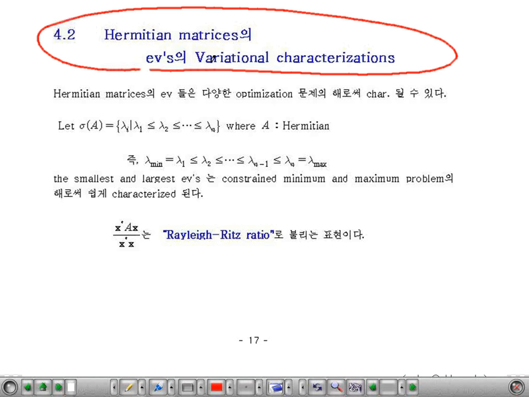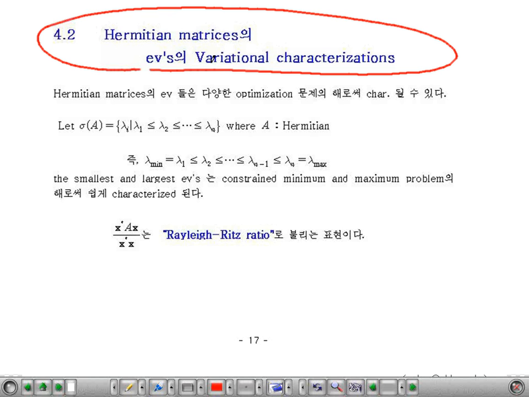Now we think about the variational characterization of eigenvalues for Hermitian matrices, section 4.2. These days, since you are interested in combinatorics, this is very well related to combinatorial matrix theory.